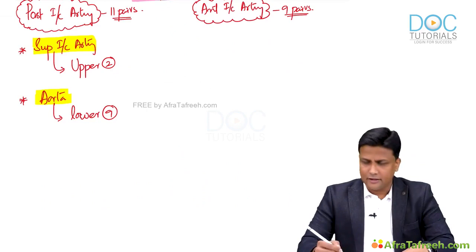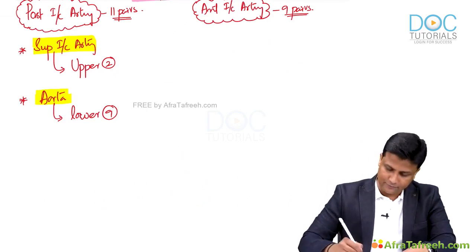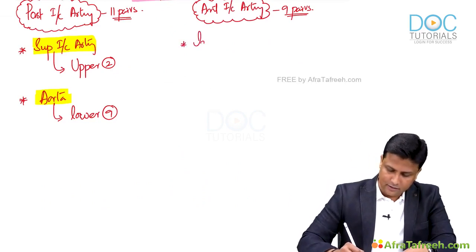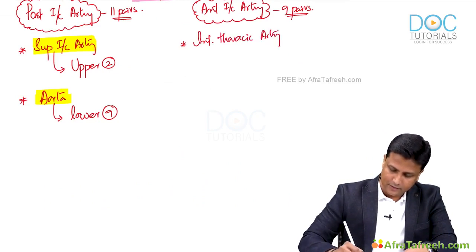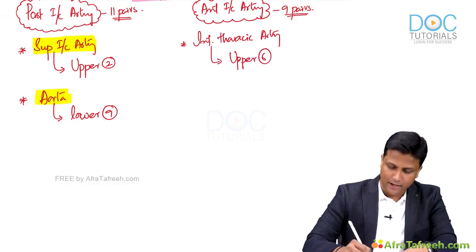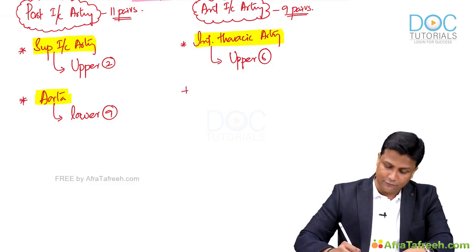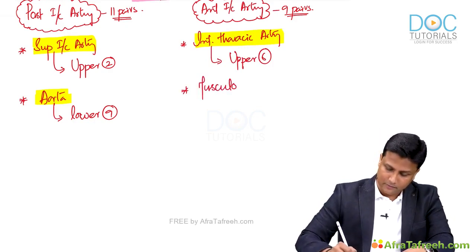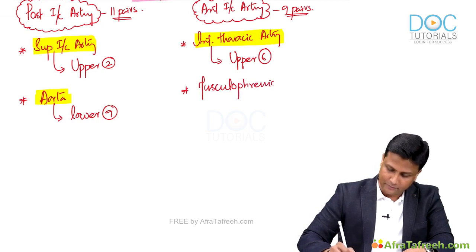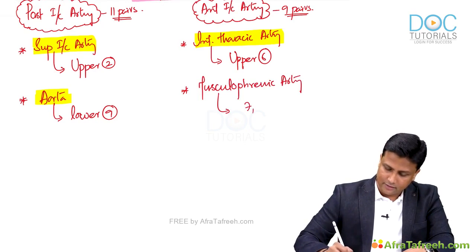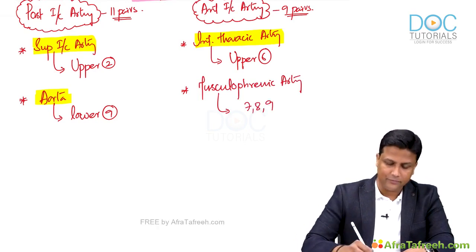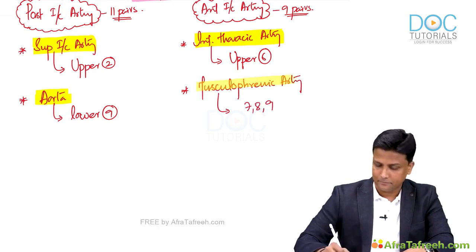So in the anterior intercostal arteries, let us write down the notes and finish it off. Internal thoracic artery is the one which will give rise to the upper 6 anterior intercostal arteries. Whereas the musculophrenic artery is the one which will give rise to the 7th, 8th and 9th anterior intercostal arteries.